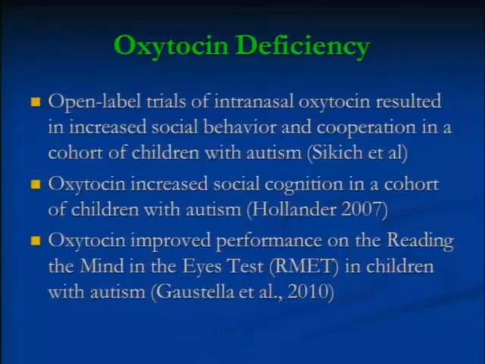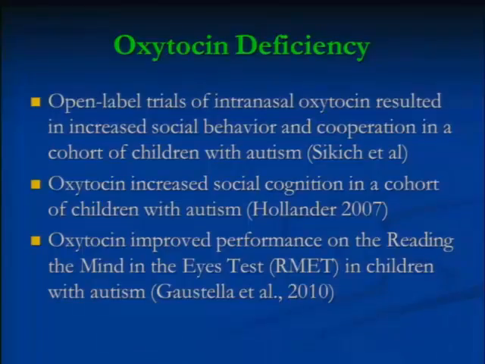In children, there have been several open-label trials. Sikic, who incidentally went to WashU, was in the same lab I was in, and I've been following her around ever since. She saw increased social behavior and cooperation in children treated with oxytocin, and it kept going for 3 months after they stopped the oxytocin. Oxytocin improved the reading the mind in the eyes test.